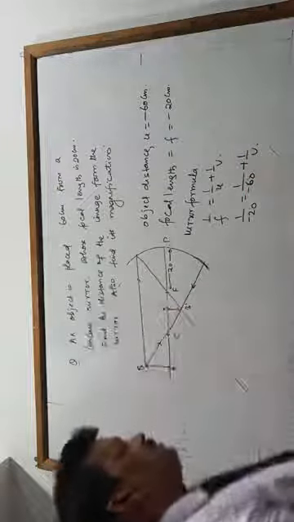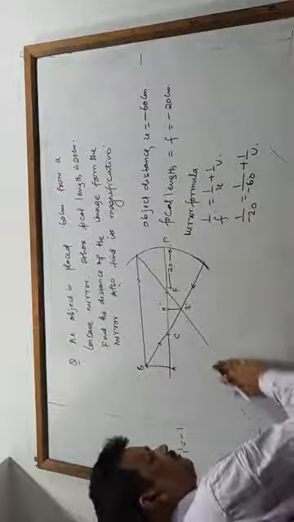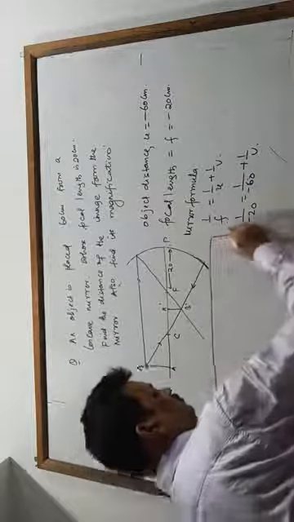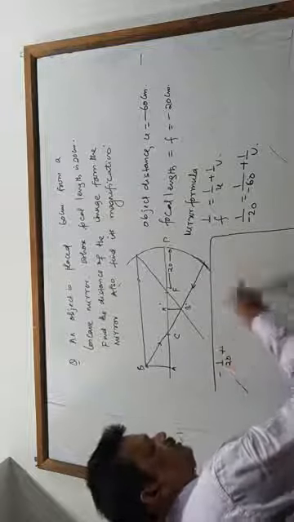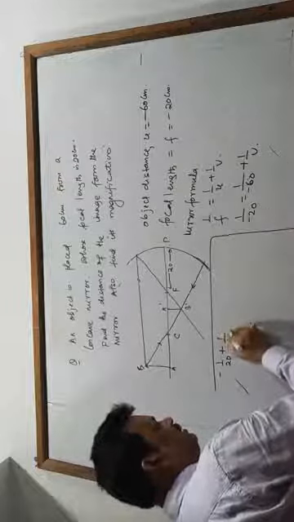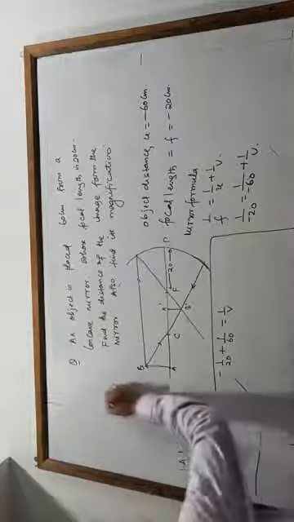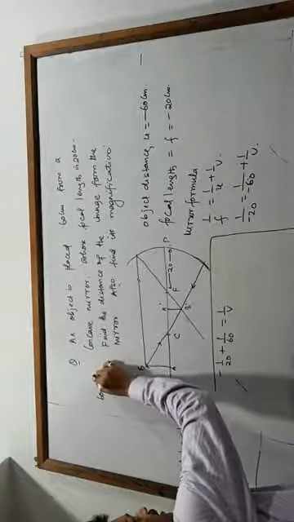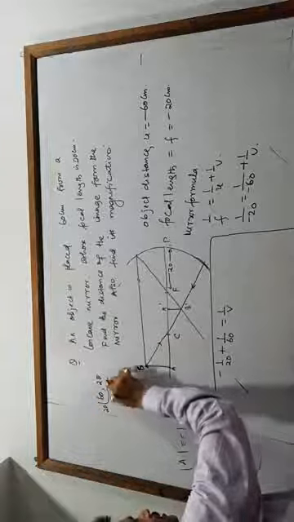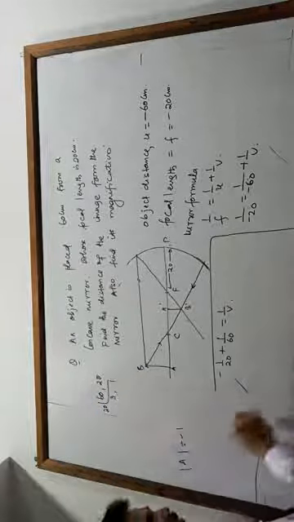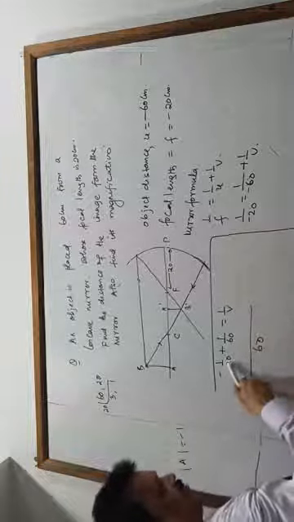What you will do is take this number to this side. So I will write down here: minus 1 by 20 plus 1 by 60 equals 1 by v. The LCM of 60 and 20: 20 divides this, 20 times 3 is 60, so 60 is the LCM.